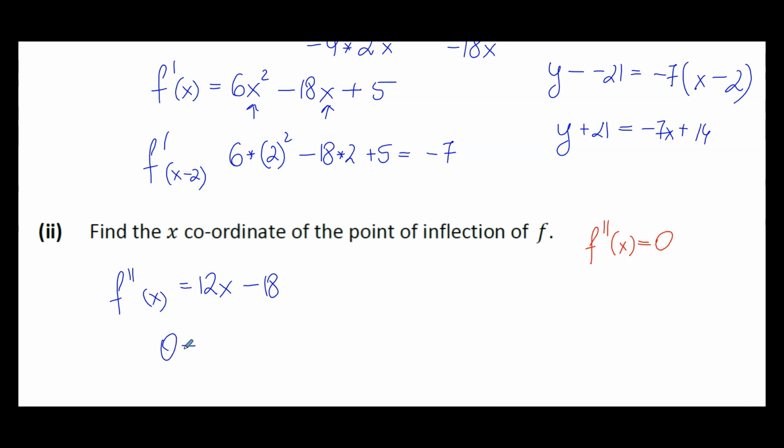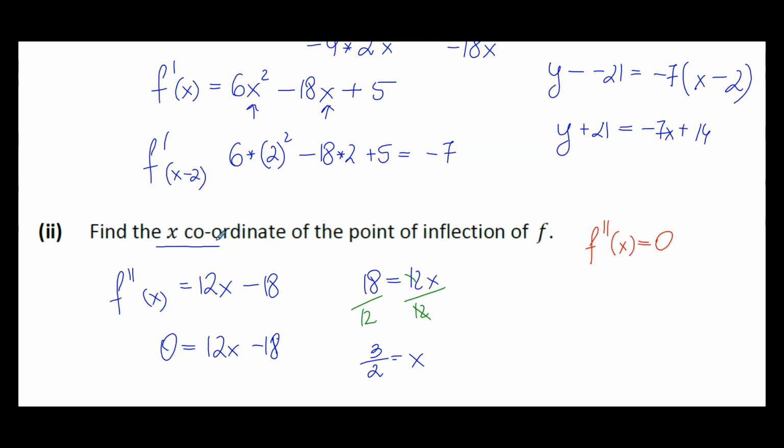So now we equal that to 0, which is a very simple calculation. We move 18 to the other side, change the sign, and to eliminate that 12 beside x, we divide both sides by 12. And then we put that in the calculator and we get that the value of x is 3/2.